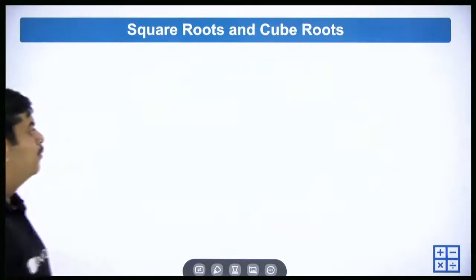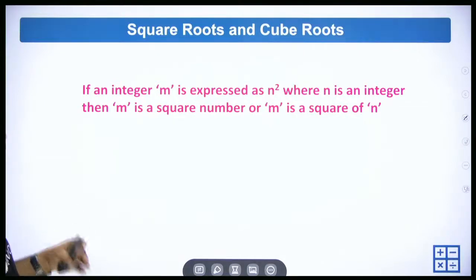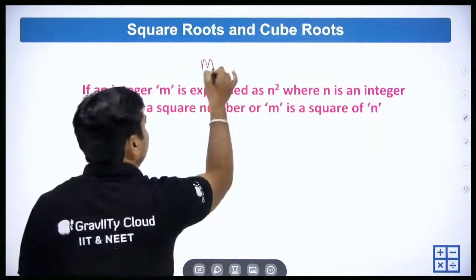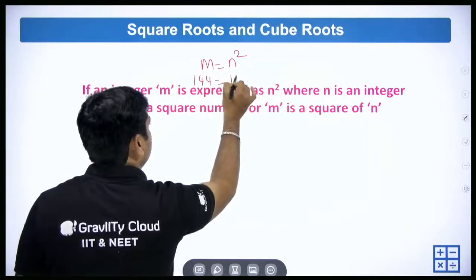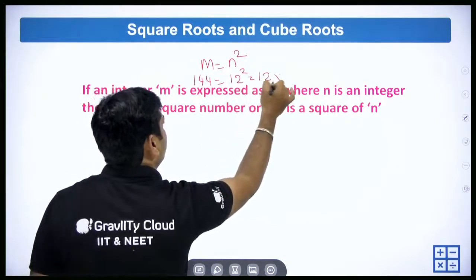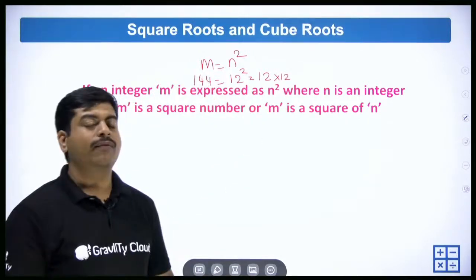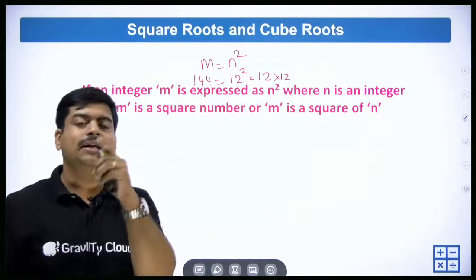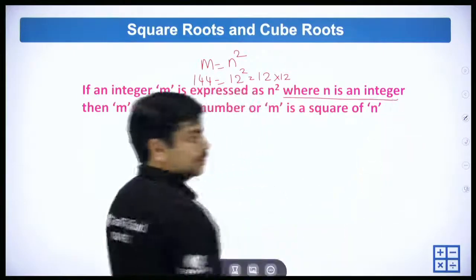Moving ahead. If an integer m is expressed as n square, where n is an integer, then m is a square number or m is a square of n. For example, 144 can be expressed as 12 square, which is actually 12 into 12. 169 is 13 into 13. In that way, we express m as n square, where n is again an integer. We need to understand that n is an integer.